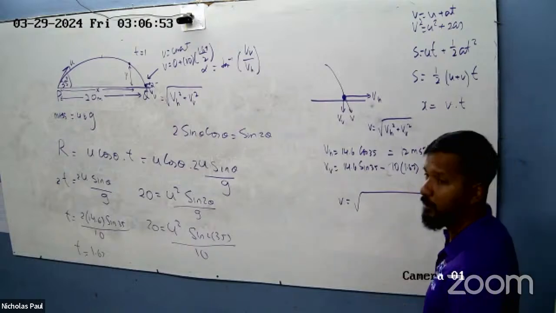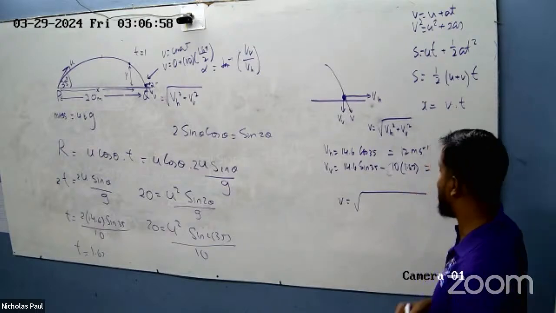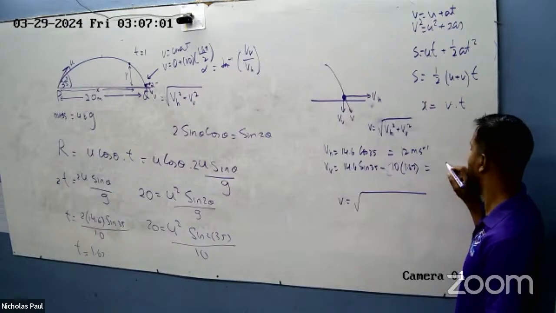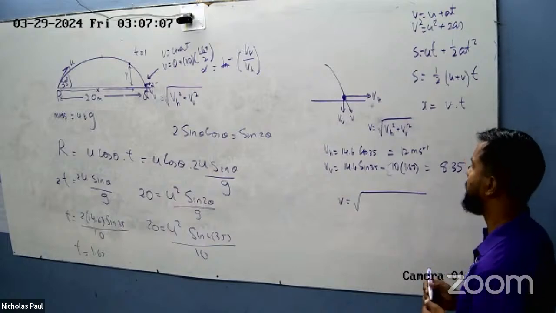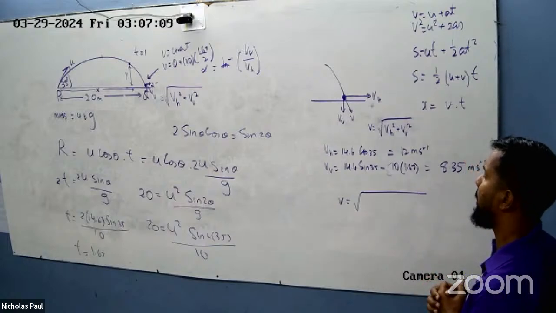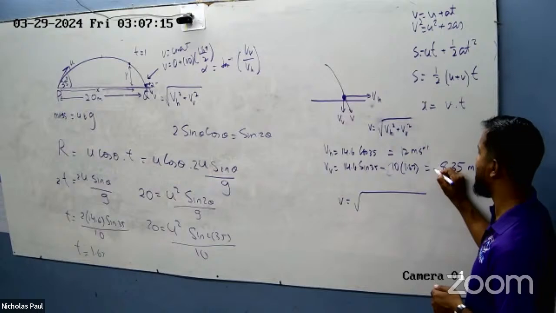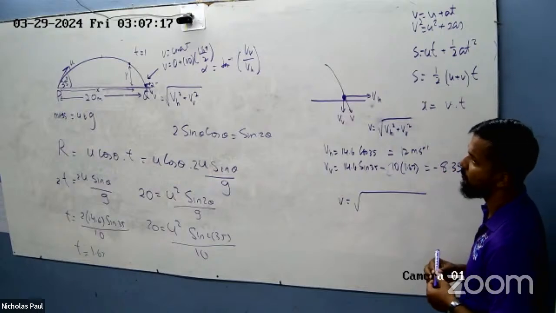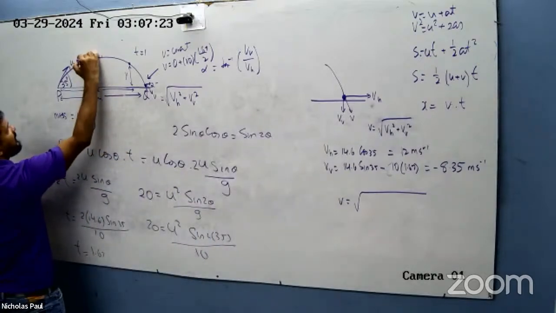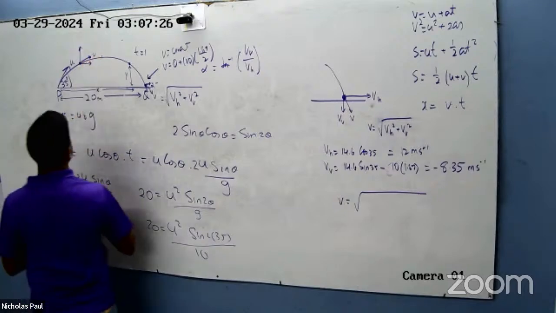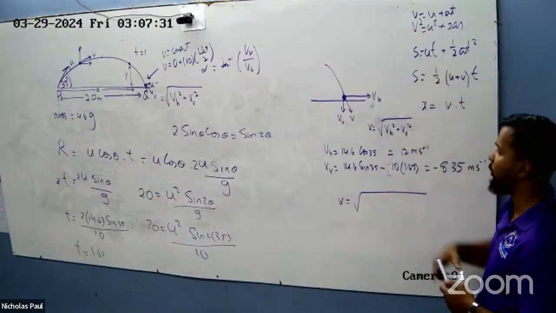I see the answer again, but negative. So the negative sign means the direction changed. At this point here, the horizontal is here, the vertical is here, the actual velocity is there. So yes, Saskia, that's correct. The negative sign just means the direction changed and it's going down now.